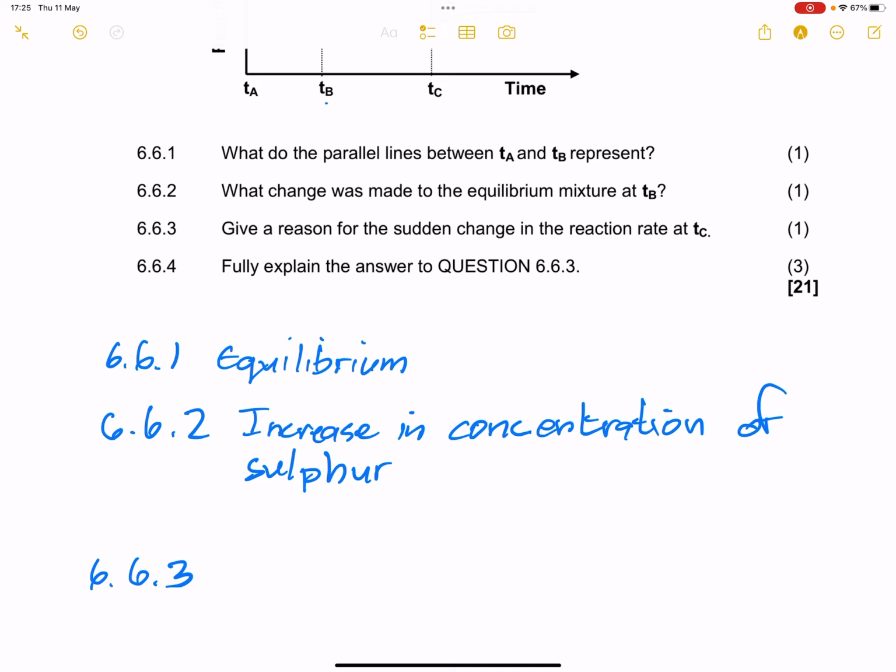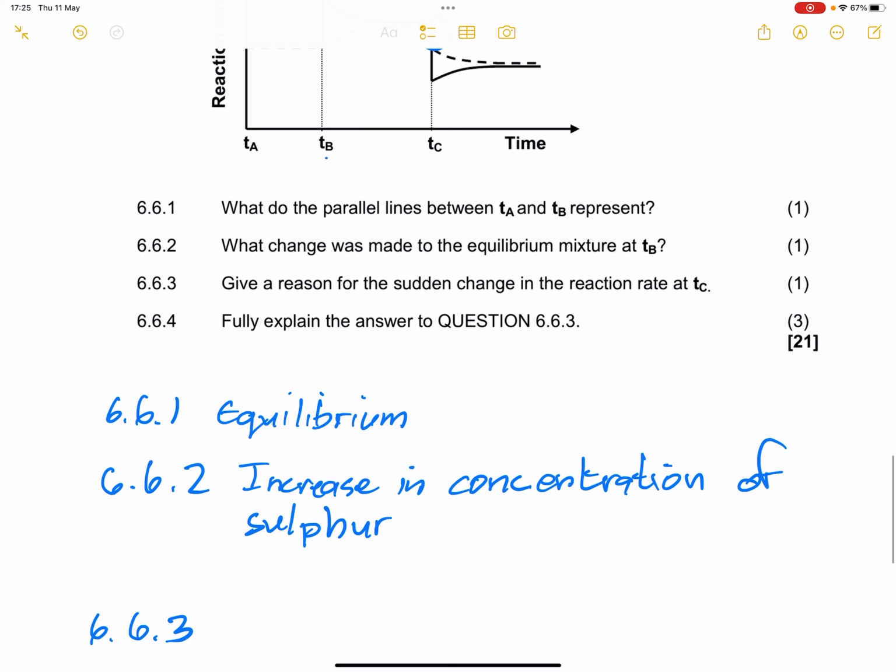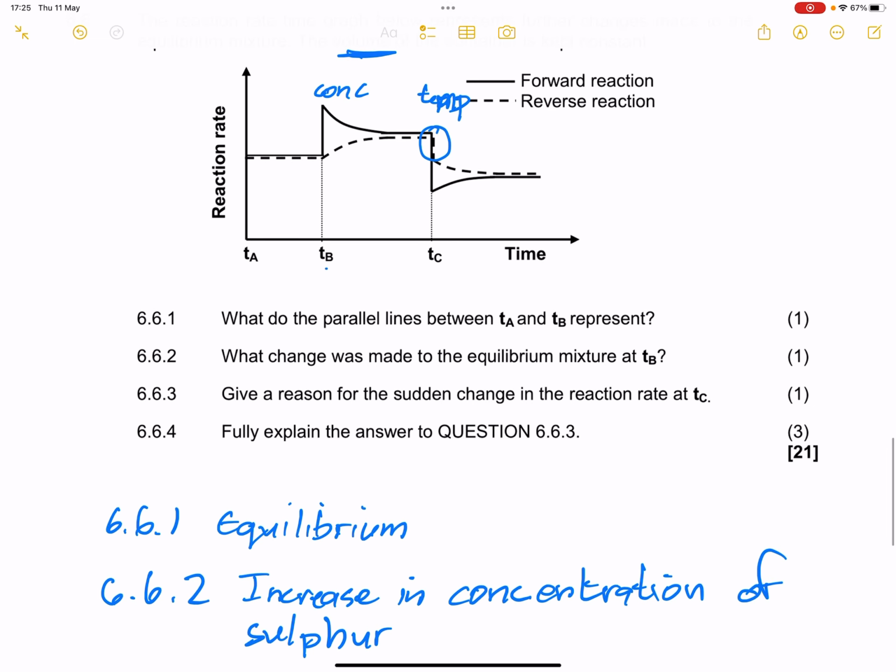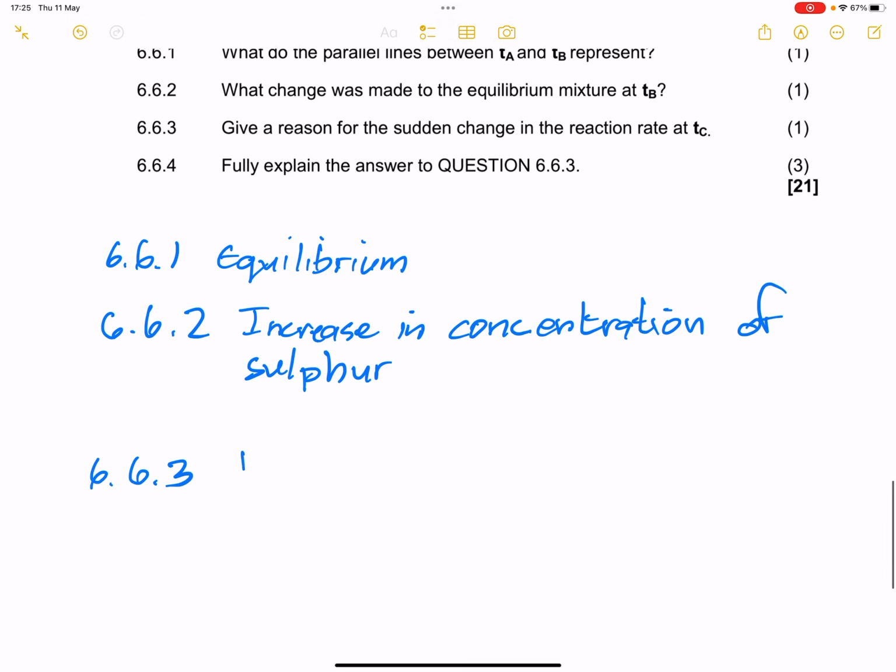6.6.3, they say give a reason for the sudden change in the reaction rate at TC, right? So at TC, definitely note that in this case the reaction rate started decreasing. So the only way we can decrease the reaction rate for temperature is if we decreased the temperature, right?